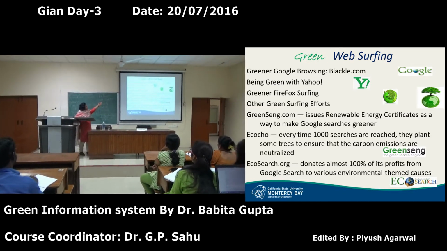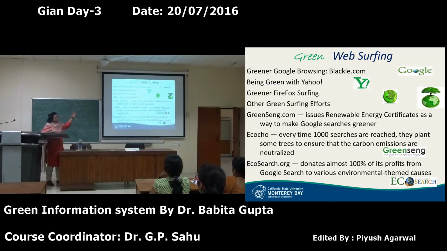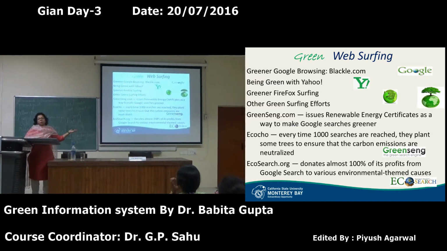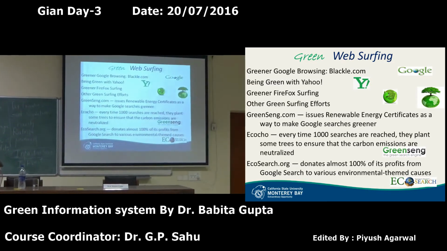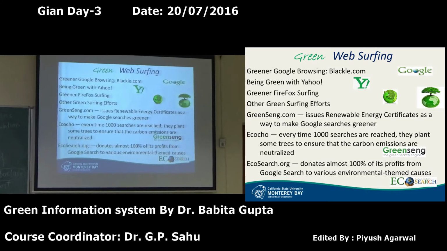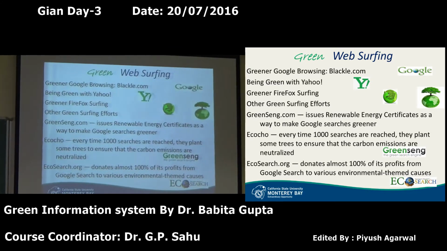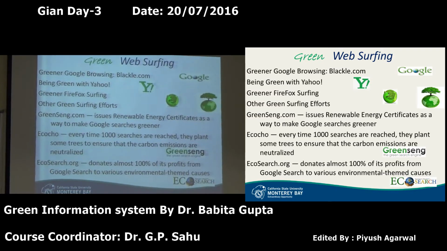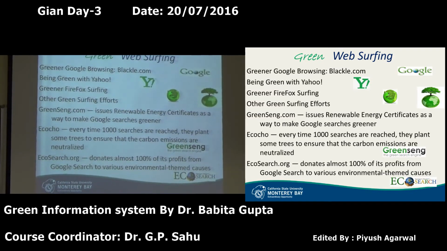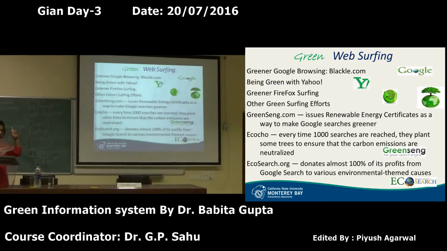So they basically, it's sort of like a certification body almost. They have created themselves as a certification body. So if searches are greener, meaning that the internet infrastructure used by those companies is green enough, based on whatever standards, they issue them a renewable energy certificate and they are green.